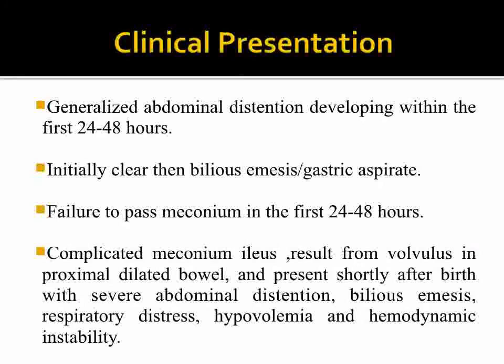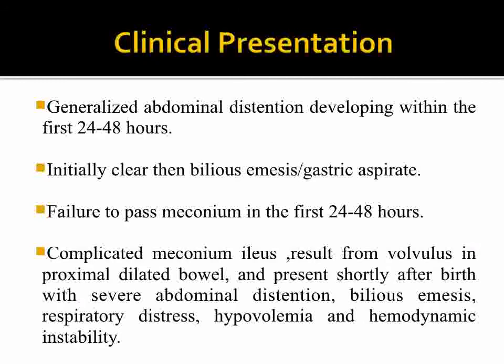These babies present with the picture of neonatal intestinal obstruction, that is bilious vomiting, abdominal distension, and failure to pass meconium. There is a generalized abdominal distension because the obstruction here is a distal obstruction, and as we said, in distal obstruction you will find marked abdominal distension. The generalized abdominal distension develops within the first 24 to 48 hours, and then there will be bilious vomiting and failure to pass meconium within the first 1 or 2 days.